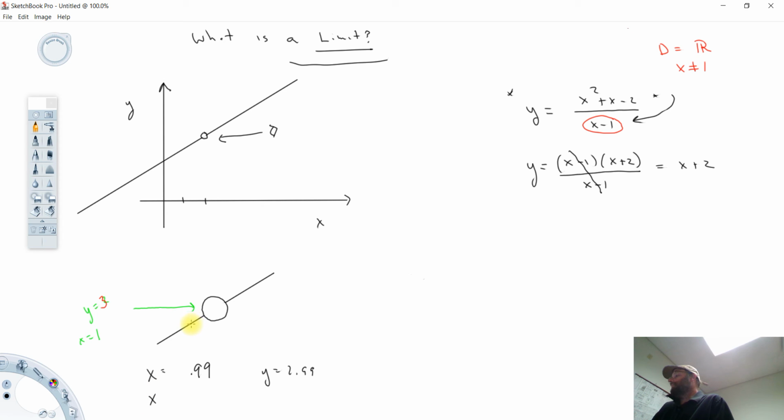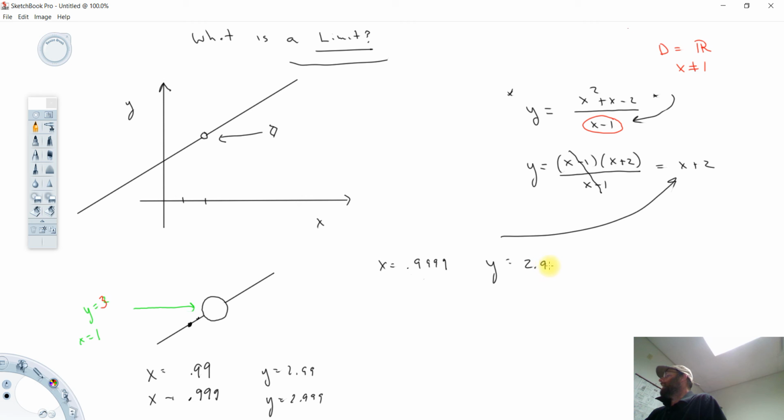If x equals 0.999, we can get a y value, 2.999. If x is 0.9999, then y is 2.9999.